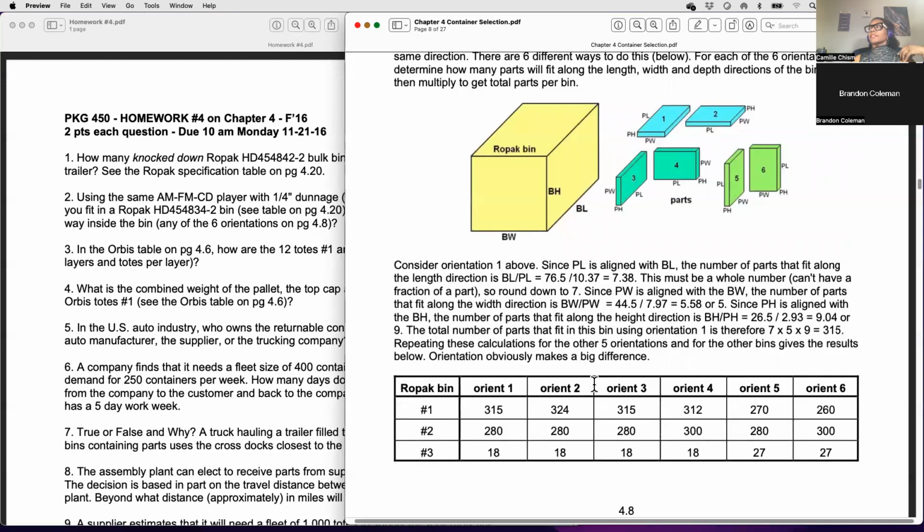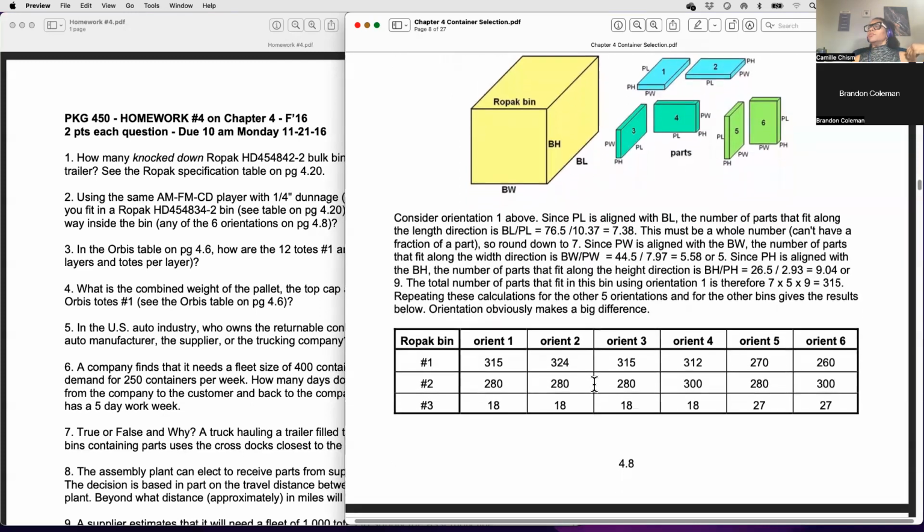Okay. So you'll do the same thing with the other ones. That's how they got these numbers, so you can see what the orientation was. You can do the same thing with all the different orientations, and with all 3 bins. And you can see the difference here. This one you get 315. This one looks like you get the most at 324, right?